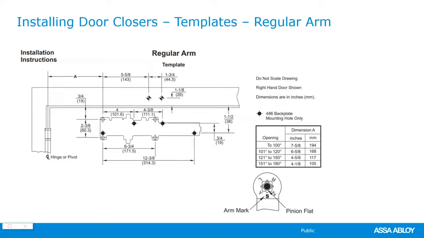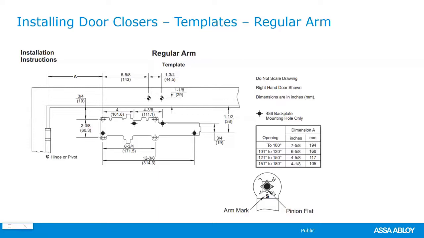In this case, again, I'm using the Norton 7500 as an example, and that A measurement doesn't have an actual fixed number, because it wants to know how far you want that door to open. So if we want it to open up to 100 degrees, then that A measurement ends up being 7 5/8. The more degrees that we want that door to open, the closer that door closer needs to be to the hinge.